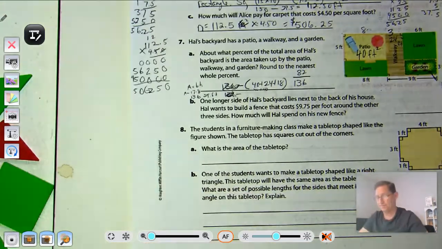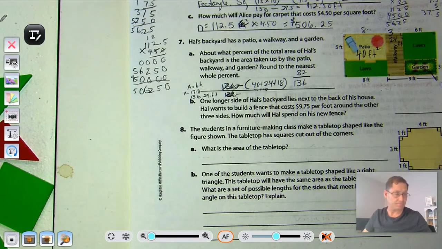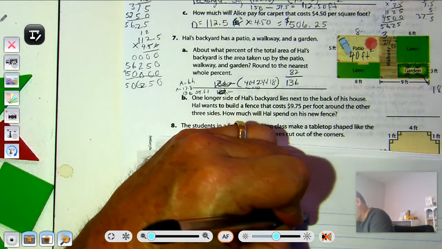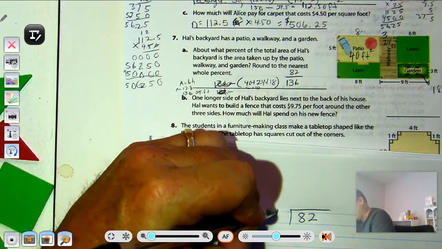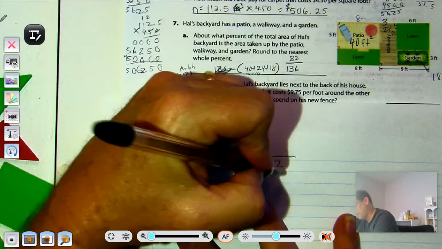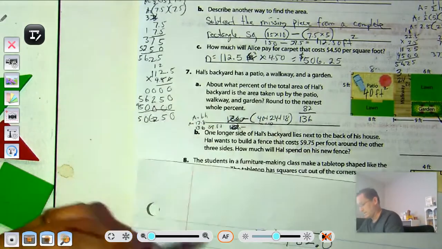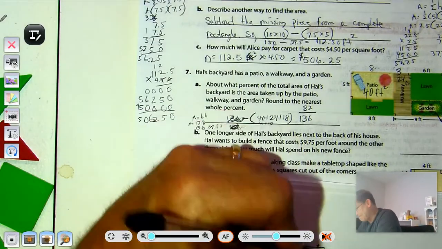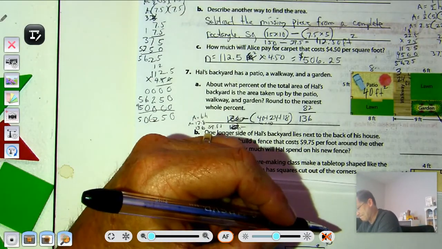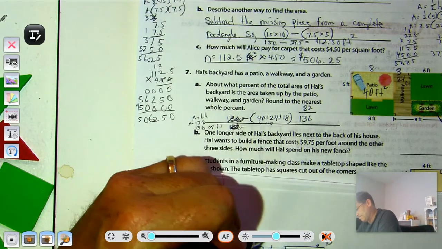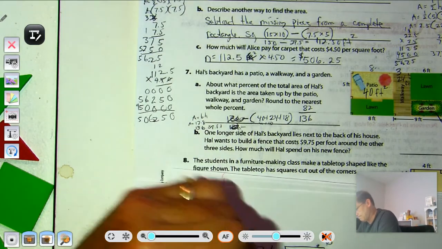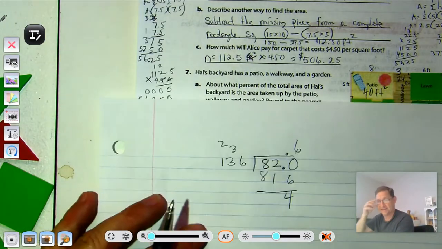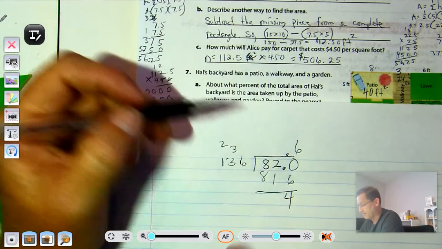So 82 divided by 136. I tried 6, and 6 times 136 was 816.